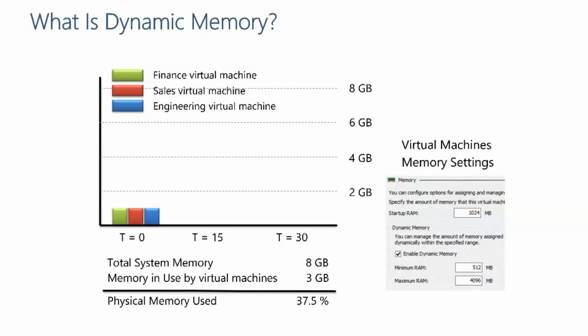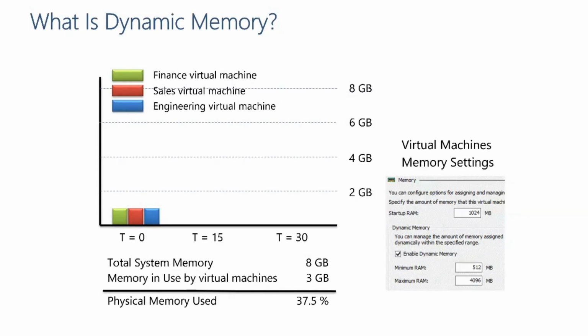So what happens? Right now, all of them are using 1 gig. Maybe they're all starting up. Because it's three virtual machines out of a total of 8, that's about 37.5%.